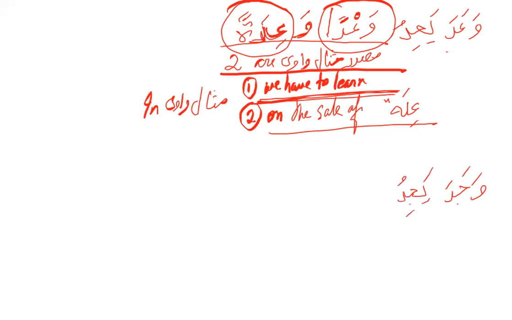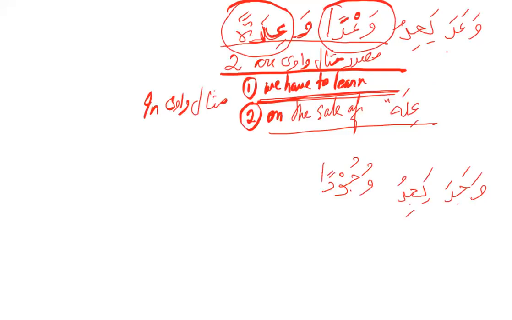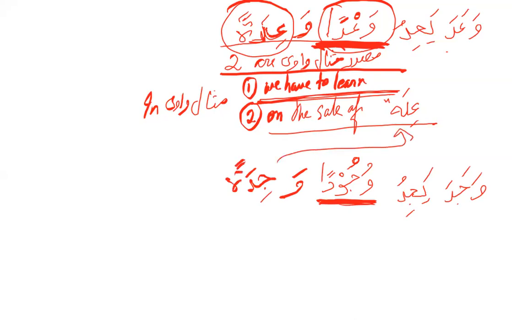So the first one is wujudan. Wujudan is completely different from wa'dan, because this we have to see in the dictionary, how the Arabs used it, and we have to learn the pattern. But the second is jidatan, on the pattern of ilatan.